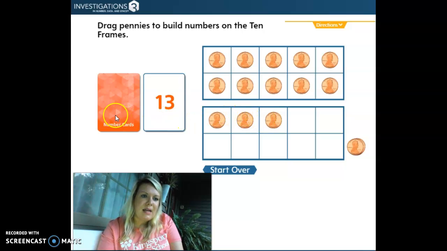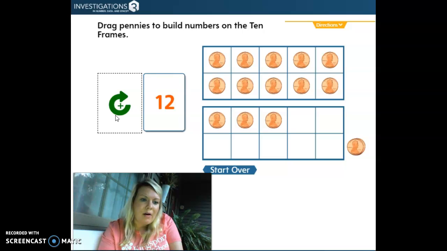Okay, let's build another number. We're going to build the number 12. What would I need to do to show the number 12? I have 13 pennies on my 10 frames. What would you do? Some of you are saying you'd take them all off and then count to the number 12. You could do that.